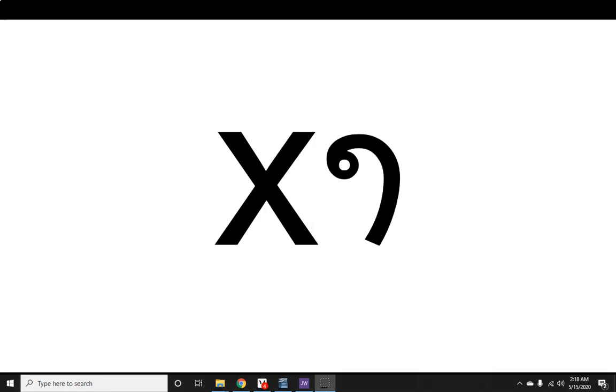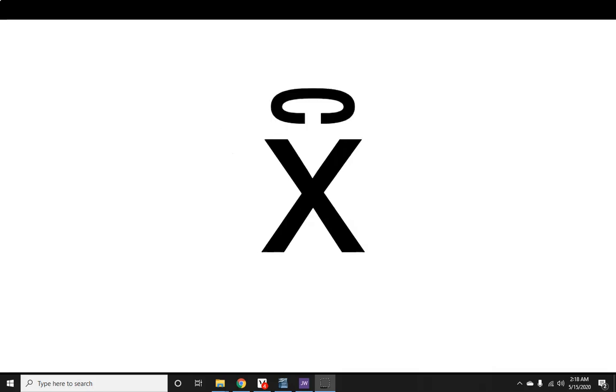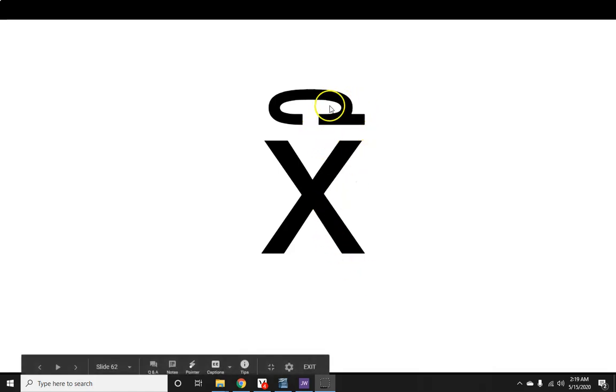Right, sala a. Next, salai. There you go. How about this one with the tail? Remember, the tail represents what?